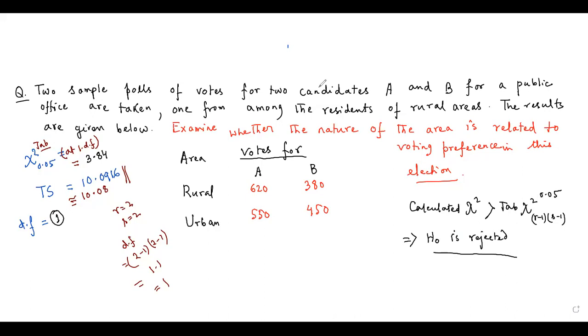Now, in statistical theory, why have I made you solve this particular problem is because of the following reason. In statistical theory, they have given us a formula for a 2 by 2 contingency table. If your contingency table is of size 2 by 2, then you can calculate the chi-square statistic with the help of the following formula.